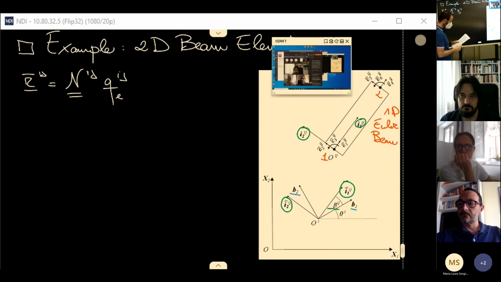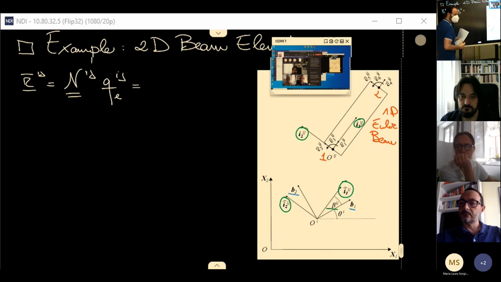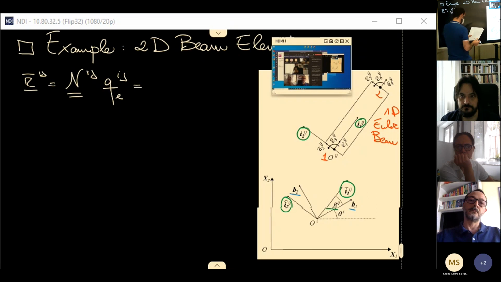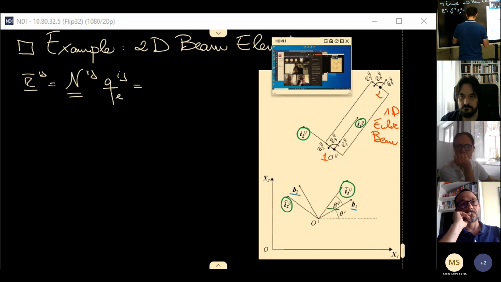Okay. In particular, we can also explicit a little bit further this relationship, because we know that within this N, in fact, we have two additional matrices, C1 and C2, okay?